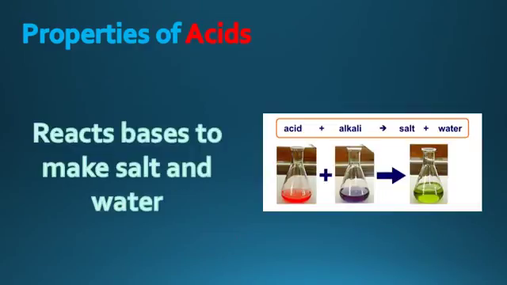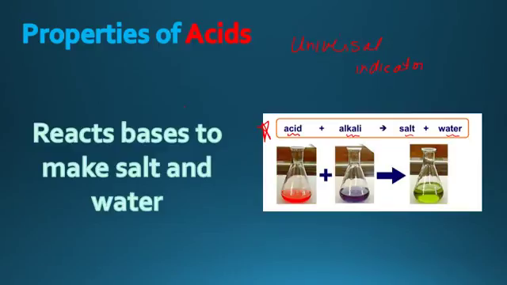Okay, the big important one that you absolutely need to know is this chemical formula. If you take an acid, mix it with a base, the word alkali means base, you get salt and water. That's hugely important to know in this chapter. If we use an indicator, which changes color in the presence of an acid or a base, and you'll be using universal indicator in your lab, it's really cool stuff because it does change color.